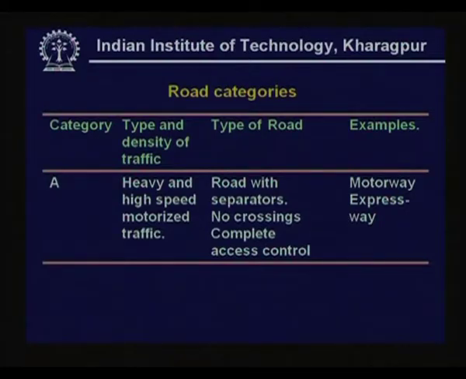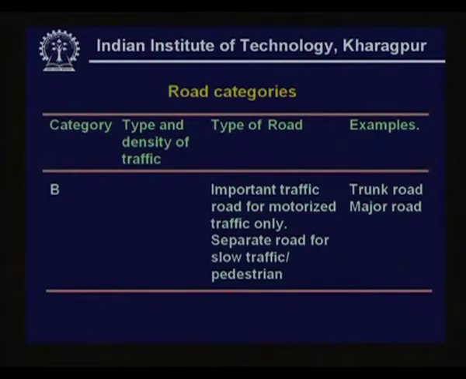They usually have no crossings for very long distances. There is complete control of access to these roads and they usually have lanes with fixed separators. So, the lighting columns could be located on the separators.